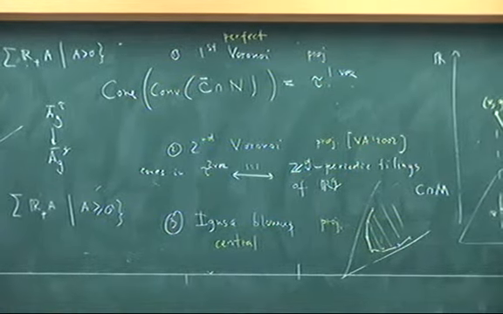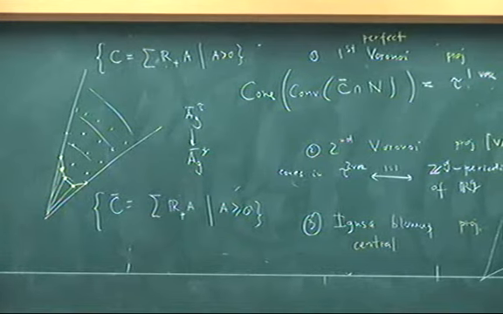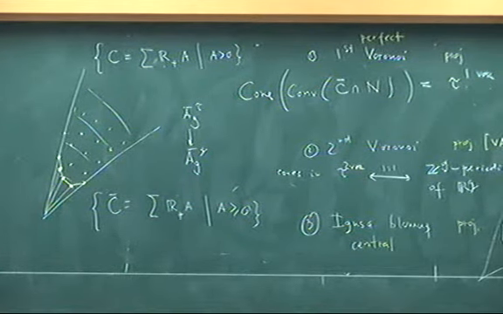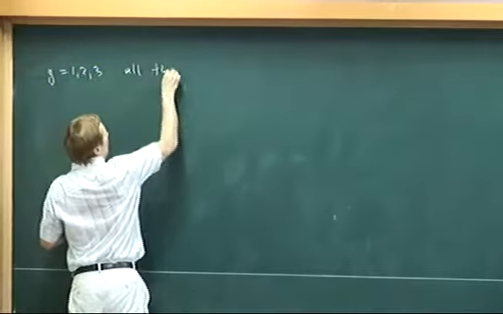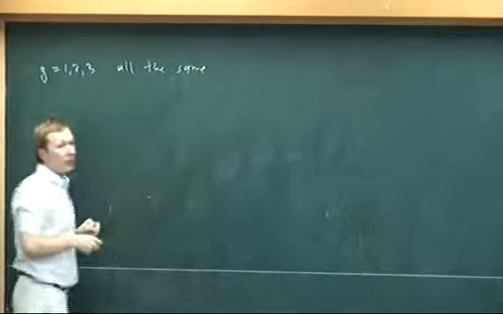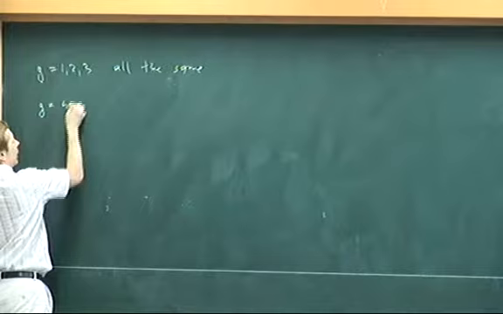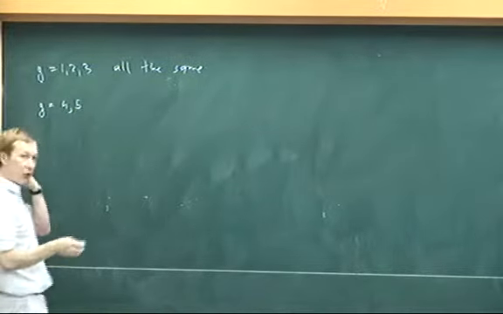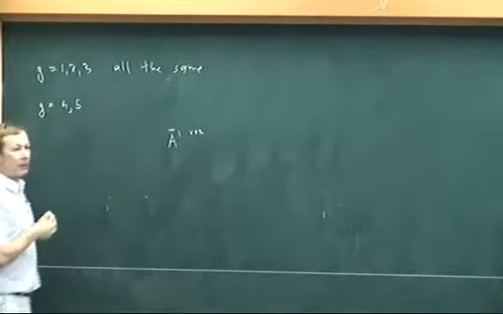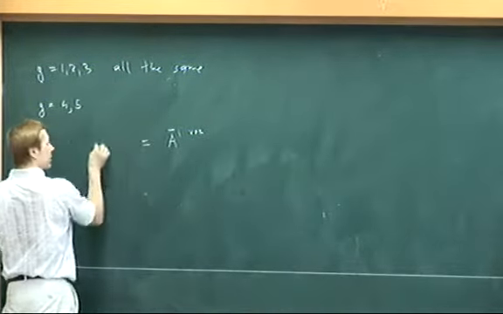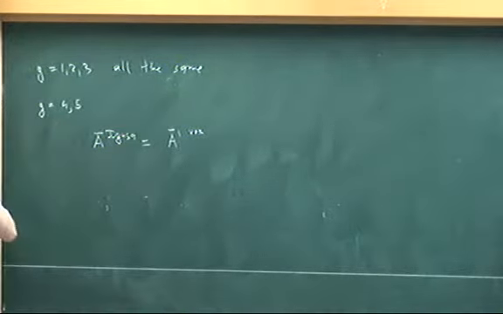And here's how they're related. For g equals 1, 2, 3, they all coincide. For g equals 4 and 5, the picture is as follows. There's the first Voronoi compactification, and it's the same as the Igusa.